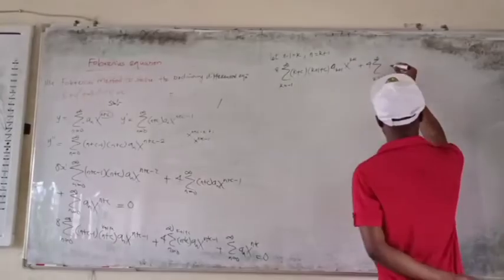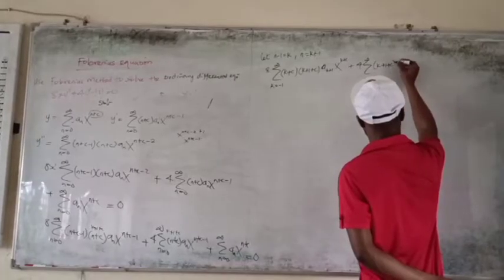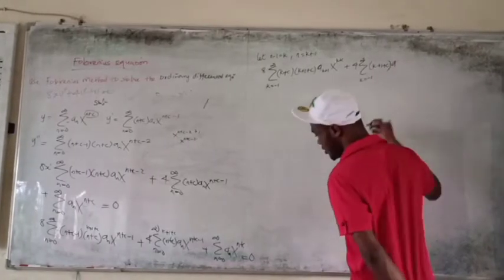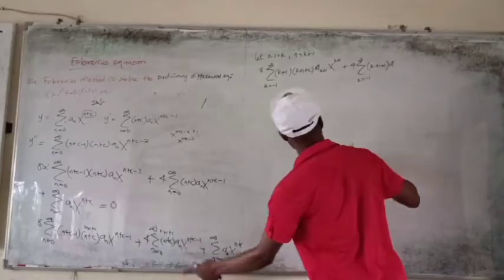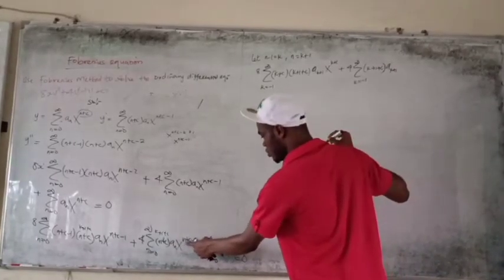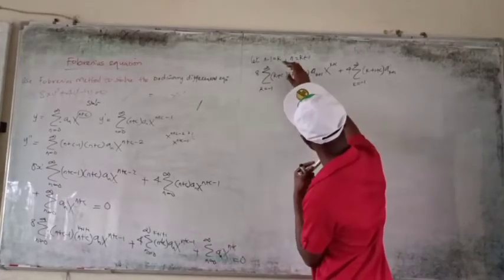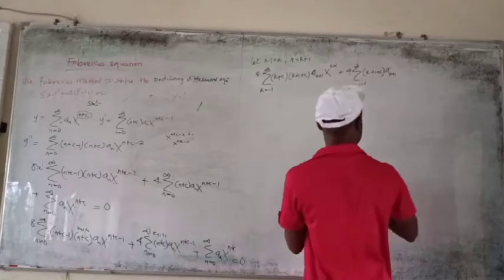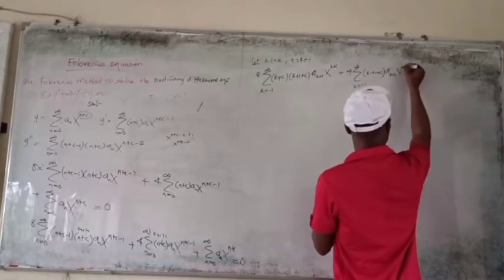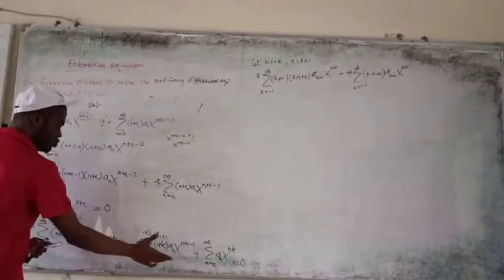For the a subscript, I have k plus 1. And I know that n minus 1 is equal to k, so I have x raised to the power of k plus c. So I'm done with the first two summations.